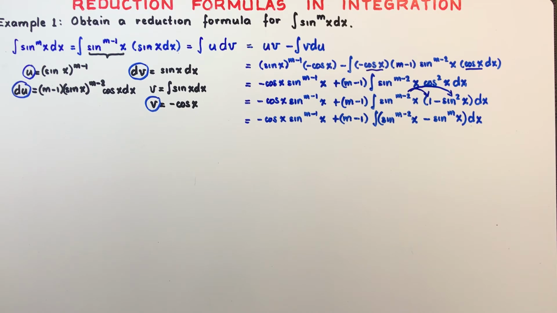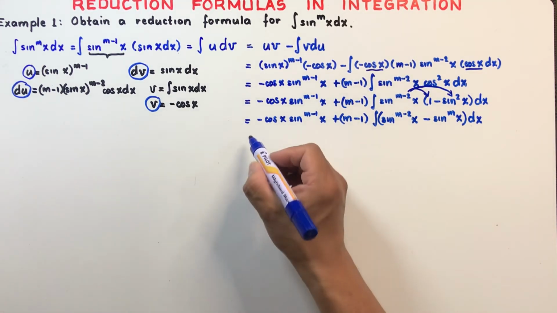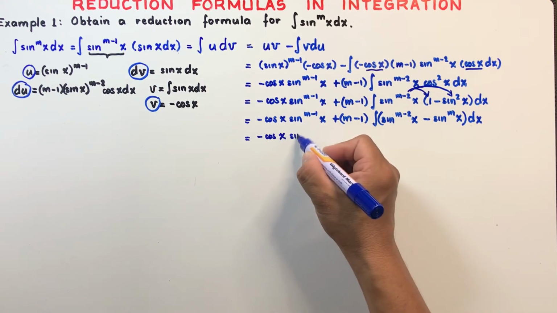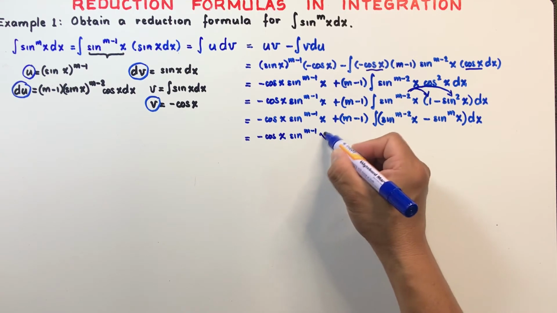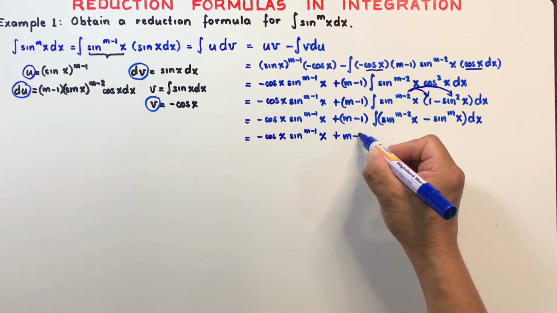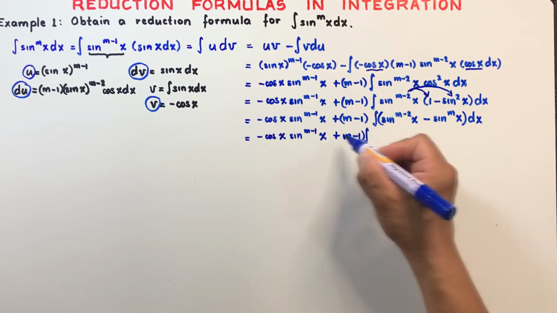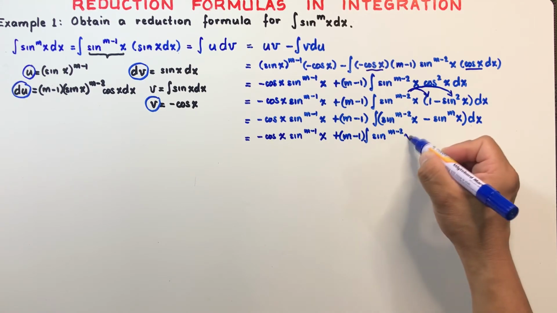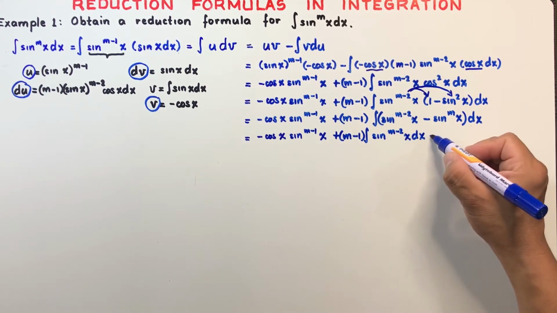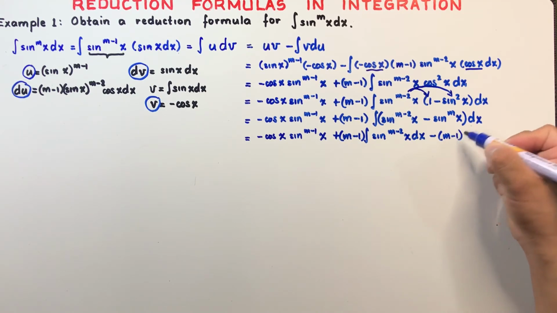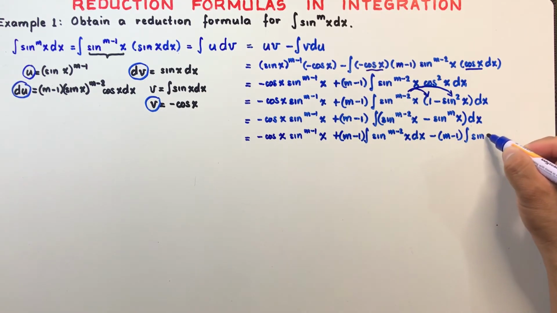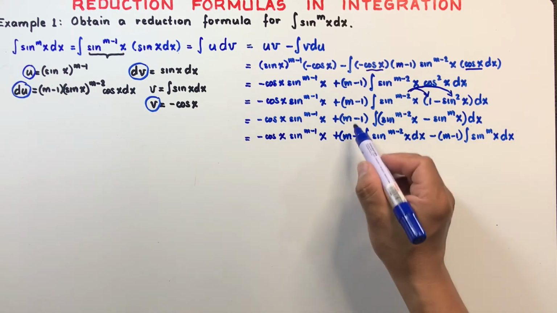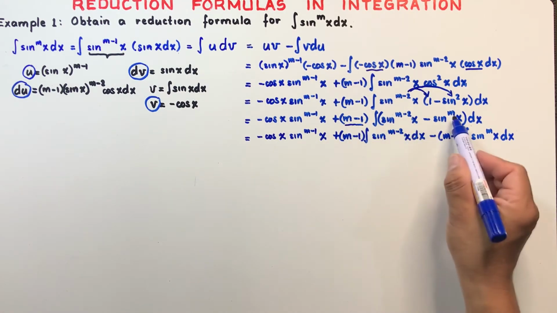So applying the integral of a difference, we have negative cosine x times sine x to the power m minus 1 plus m minus 1 times the integral of sine x to the power m minus 2 dx minus the m minus 1 of the integral of sine x to the power m dx, because this m minus 1 should be distributed to the two terms.